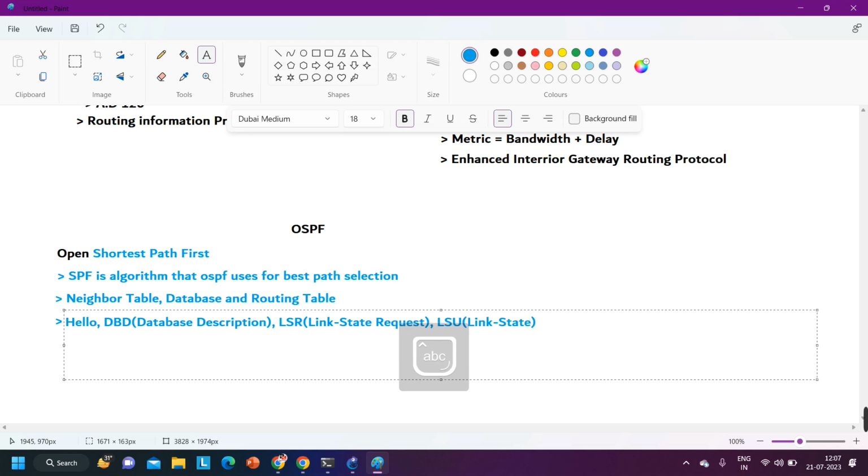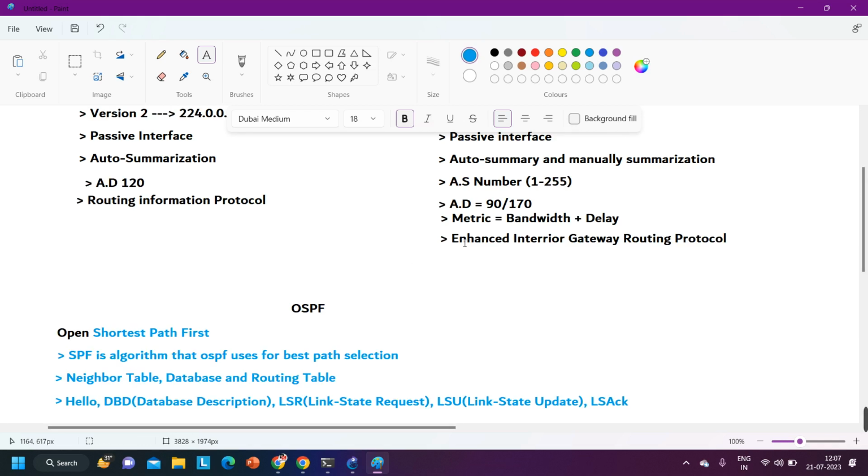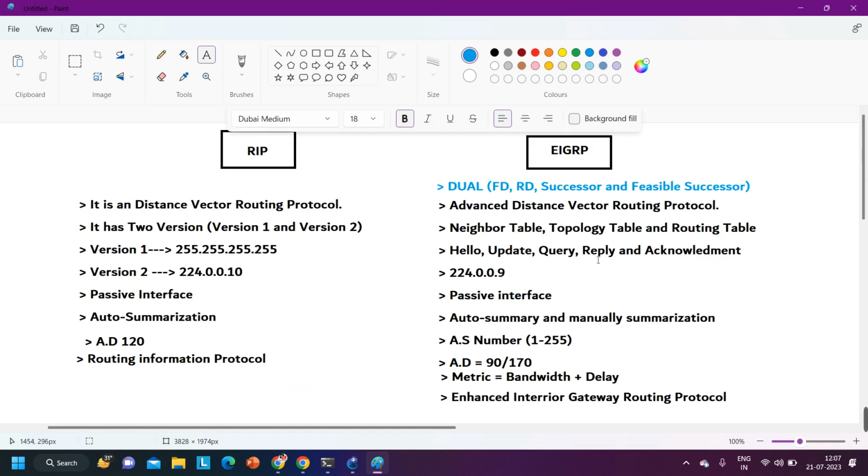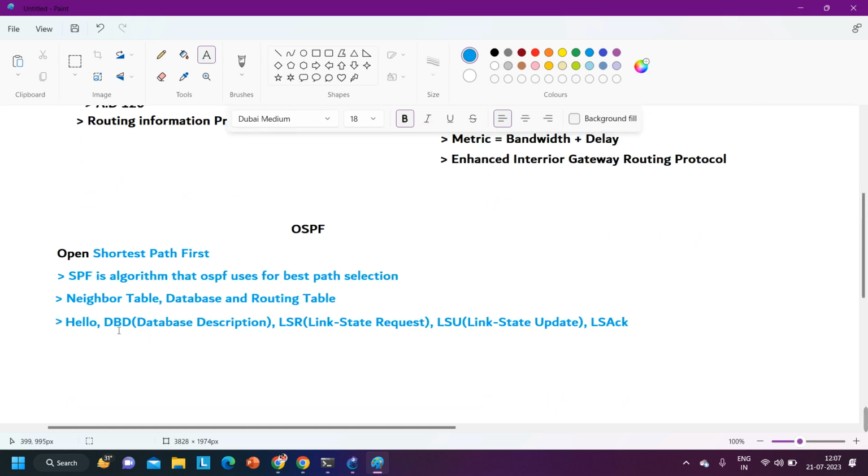Then link state acknowledgement, LSAck. Now, how many types of messages do we have in OSPF? We have five types: hello, DBD, LSR, LSU, and LSAck. In EIGRP also we have five types of messages: hello, update, query, reply, and acknowledgement. In OSPF: hello, DBD, LSR, LSU, and LSAck.